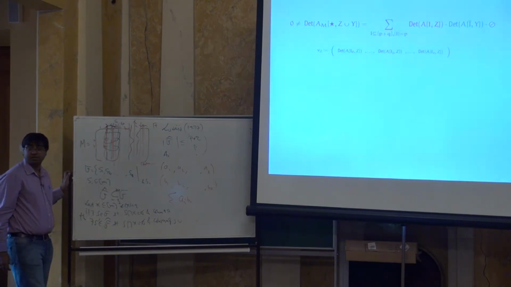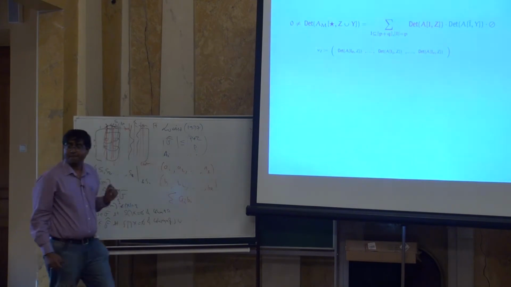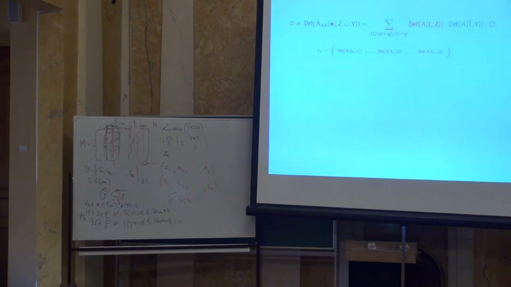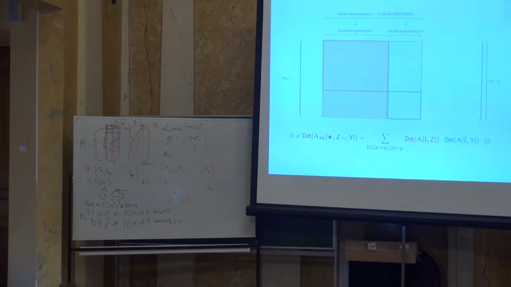What is the size of this vector Vz? How many coordinates are there? Please say it again, you asked a question. No, I said, given this p-sized column, I'm going to write a vector associated to it. And what is this vector? You fix some p rows from here.